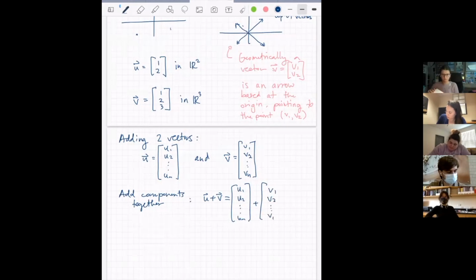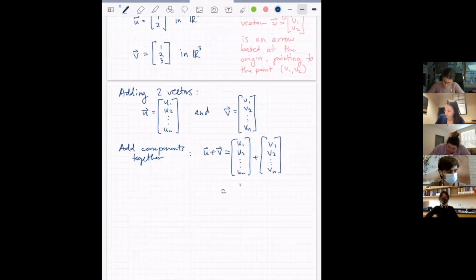And we get a new vector whose first component is u1 plus v1. And then the second component is u2 plus v2. And the nth component is un plus vn. Right? So we add two vectors together and we get another vector that is in that same space, Rn.